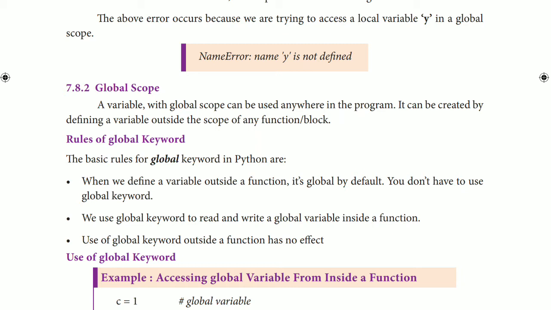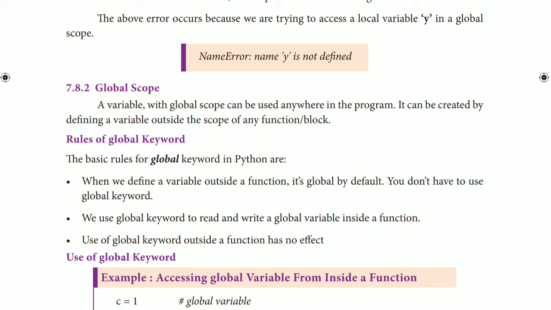Rules of global keyword. If you want to use this global scope, then there are some rules you have to follow. The basic rules of global keyword in Python are: when you define a variable outside the function, it is global by default.